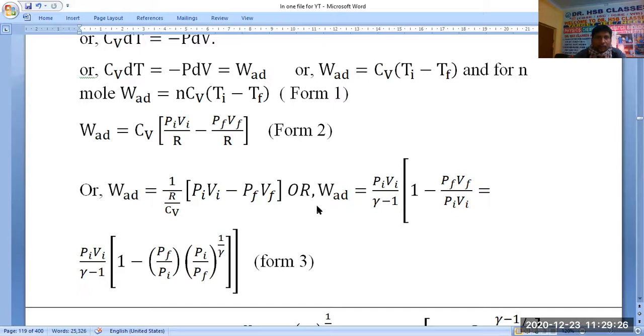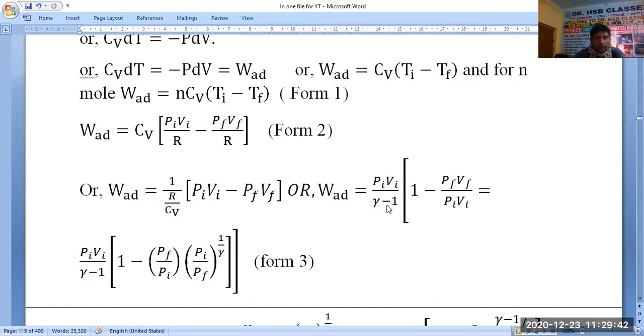For the adiabatic process, capital R equal to Cp minus Cv, and Cp by Cv equal to gamma. So Cp by Cv equal to gamma and minus Cv by Cv equal to 1.